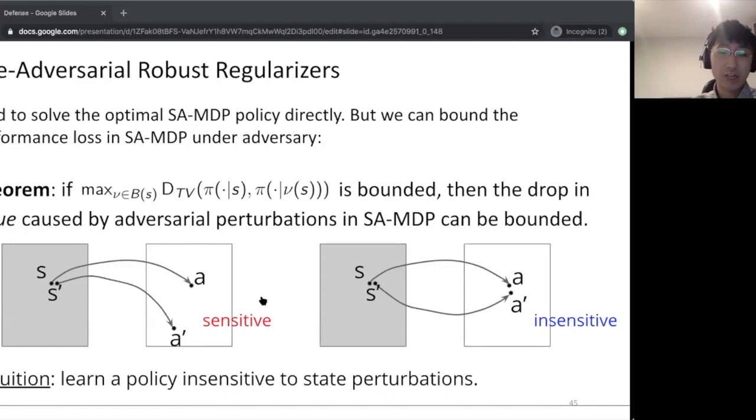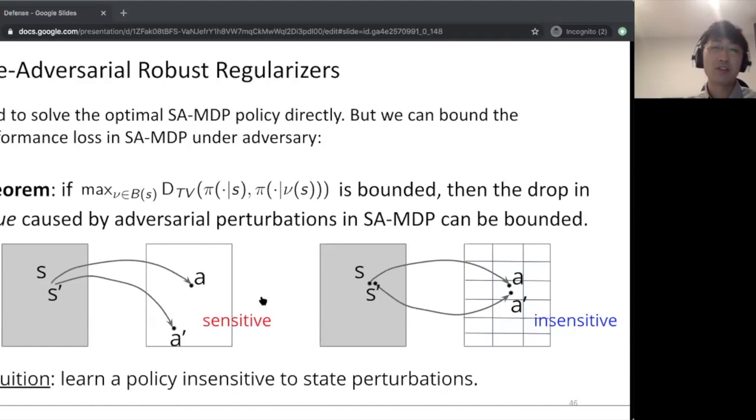Basically, for a robust policy, we want to map two states, S and S prime, which are close to each other, to two actions that are also close to each other. So we want A and A prime to be closer to each other, so that it's not sensitive to the perturbation in the input state.